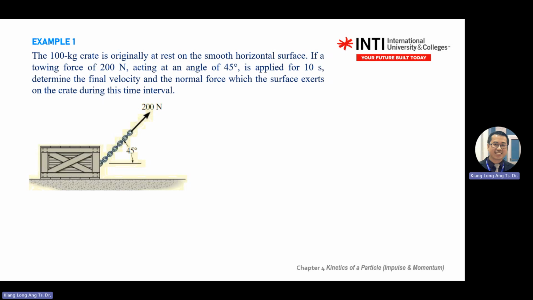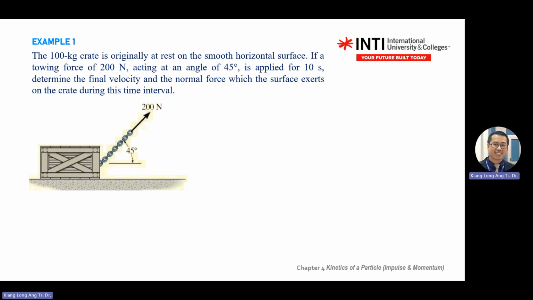Since you have force and time, it could be a chapter 4 question with impulse, because impulse links force and time, mass and velocity. It asks for the final velocity and the normal force which the surface exerts on the crate during this time interval.